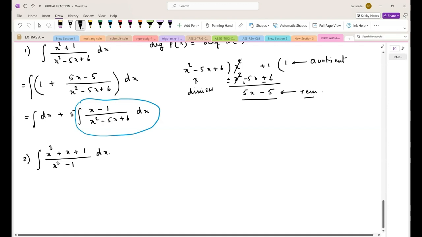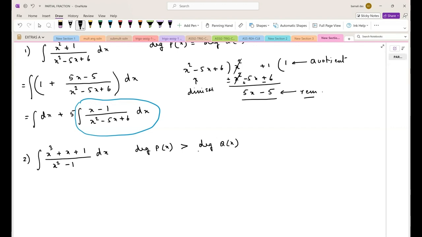So here also, you can just simply do the long division, split it up, and then do the partial fraction. Here you can see the degree of the numerator is 3, greater than degree of denominator q(x), which is 2. So proceed as above, just a long division. These are the types of partial fractions that you will have to deal with.